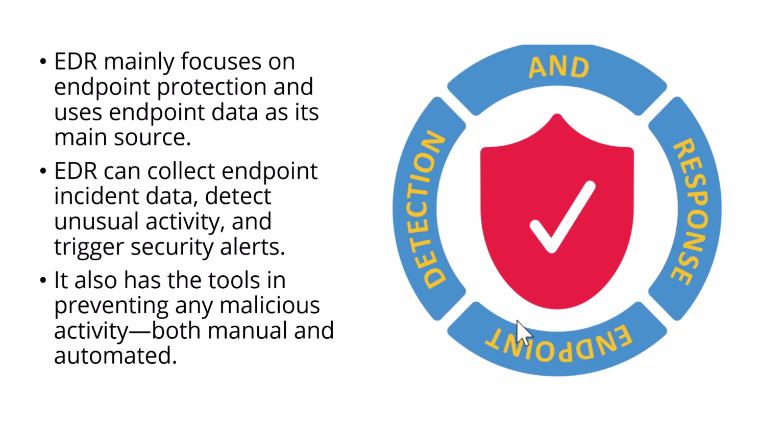To protect the endpoint, it collects incident data, it will try to detect unusual activity, and once it detects the activity, it will trigger security alerts. A good EDR also has tools for preventing any malicious activity. This could be manual or automated via set rules.